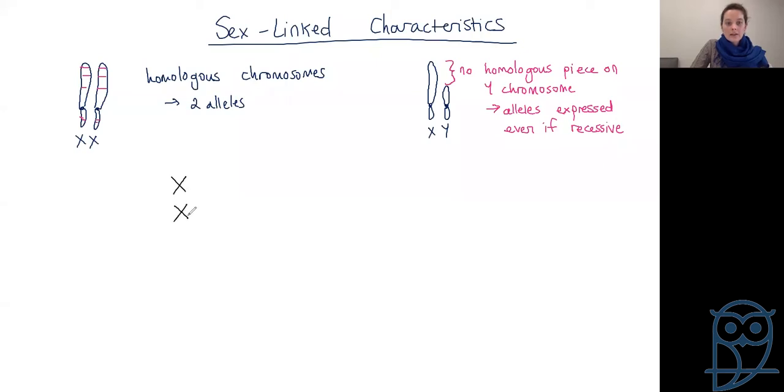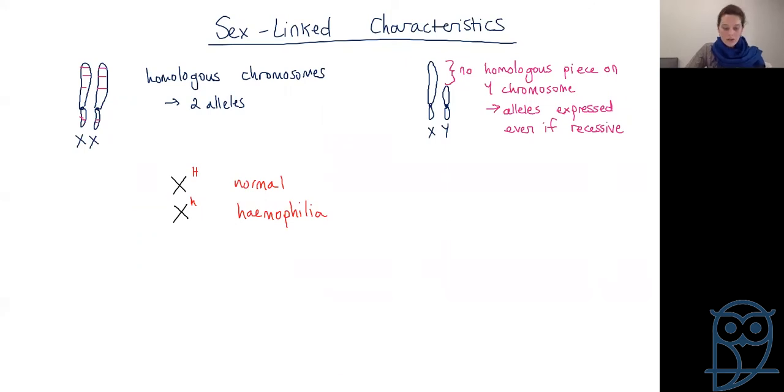Because here, it's all about that X chromosome. So that does have capital H for normal, so normal clotting factors in your blood, and a little h for hemophilia. So now we have a blood clotting problem. Now we've said that that is X-linked. So on the Y, there is nothing to write.